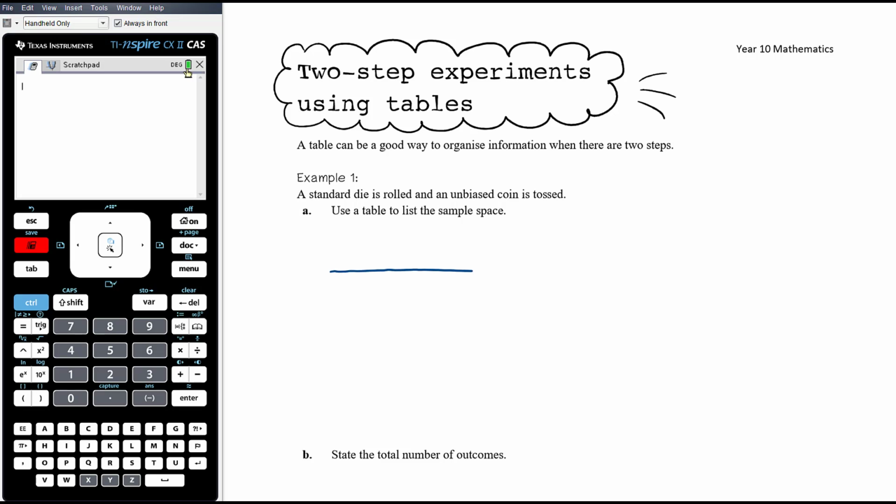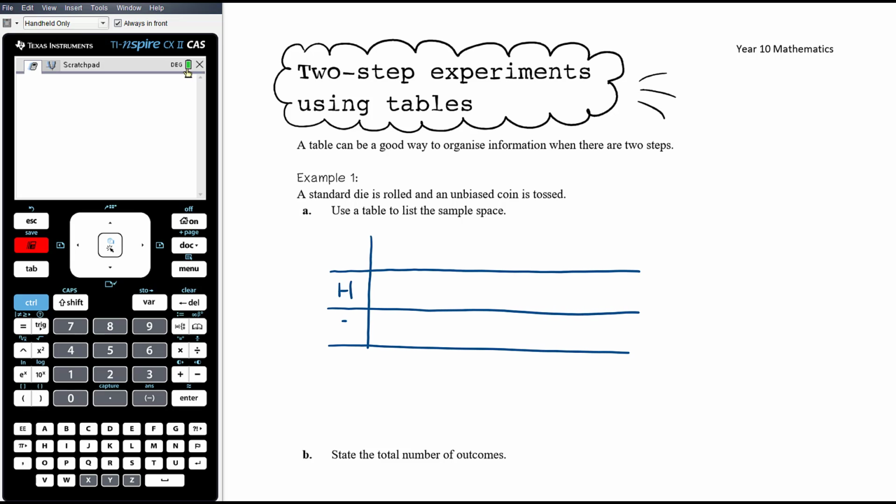Okay, so we've got our two different things that can happen on each side of the table. I'm going to put my coin going this way because there are only two outcomes, heads and tails. And then I'm going to have my die going this way because there are 6 outcomes, so it's going to be a bit neater.